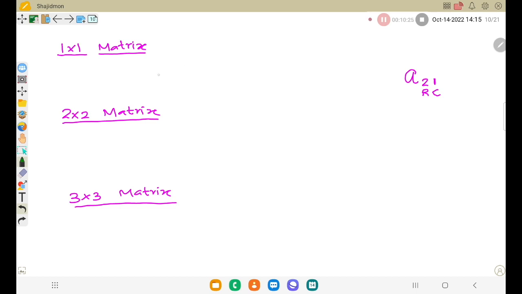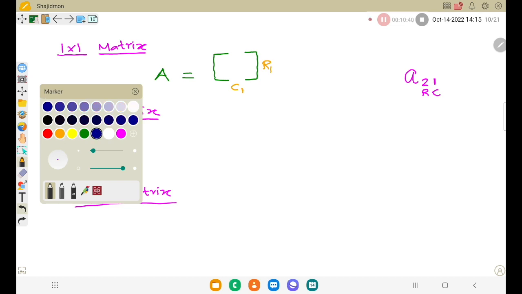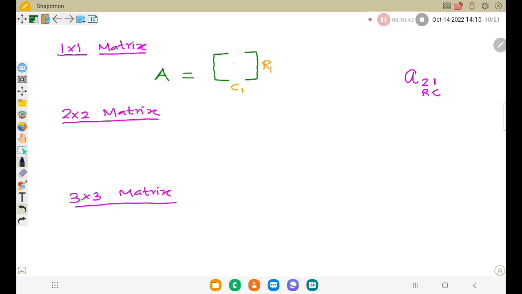So 1 by 1 matrix, for example matrix A equals, how many numbers will be there? You can assume, correct? Only one row and one column. That is the meaning of 1 by 1 matrix. So what will be the number inside? We write A, that number coming on first row, first column. So A11, correct? Matrix A11.